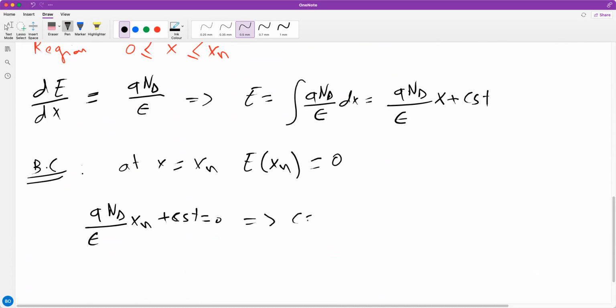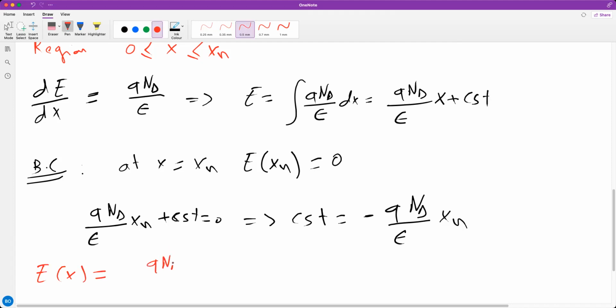This means the constant will be equal to minus QND over epsilon xn. So now I go back and I write the equation of the electric field, which is QND over epsilon times (x minus xn), and this is when x is between 0 and xn.